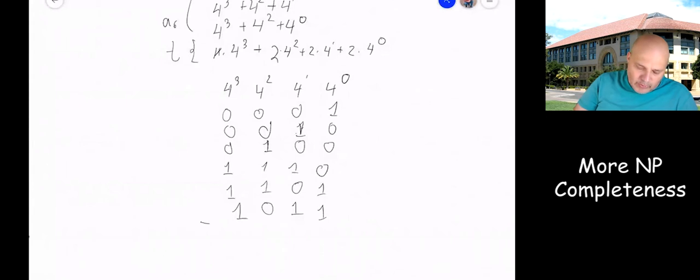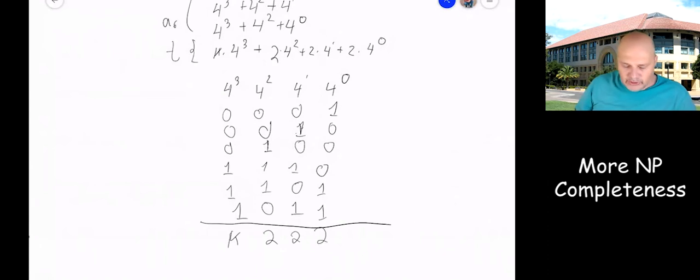And finally, we want all of this to sum up to k, and then 2, 2, 2. So this is the construction when thinking about it this way.